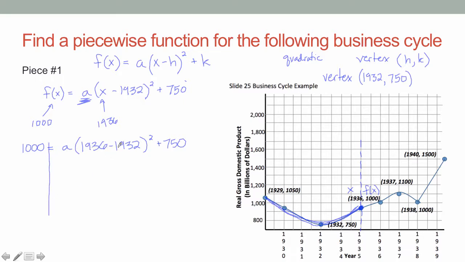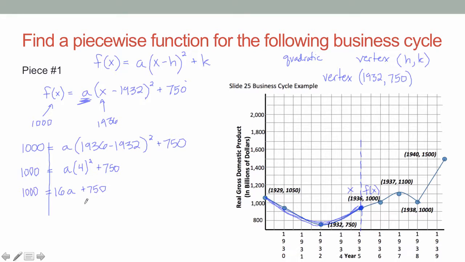If I subtract 1936 minus 1932, that's going to become 4. So it becomes a times 4 squared plus 750 equals 1000. 4 squared is 16, so that's just 16 times a plus 750 equals 1000.